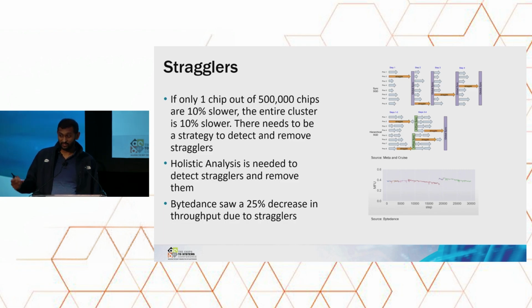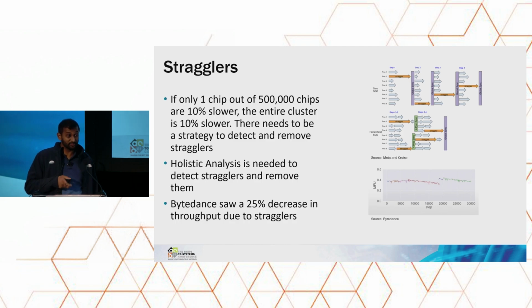It requires slightly less voltage, or clock speeds end up being slightly higher in the same power budget. And so if only one chip in that 500,000 GPU cluster is 10% slower, then the entire cluster is slower. The same applies for smaller clusters, but the variance is smaller because you have a smaller cluster.